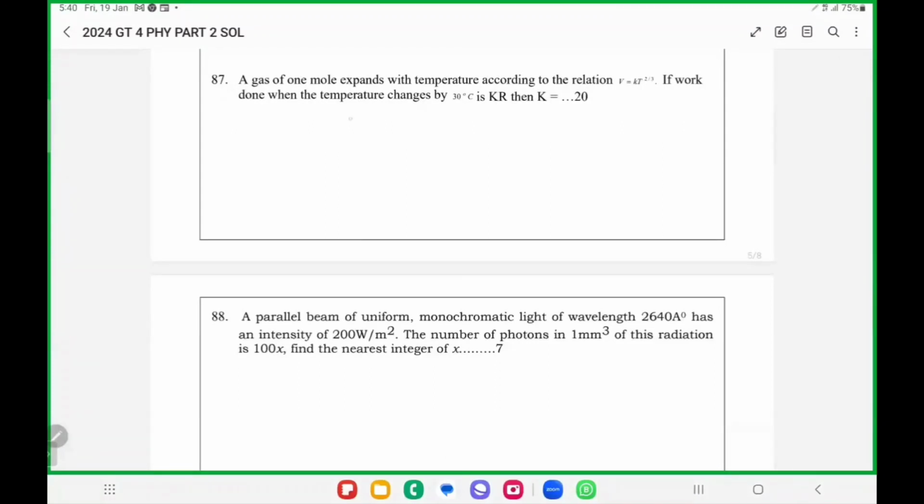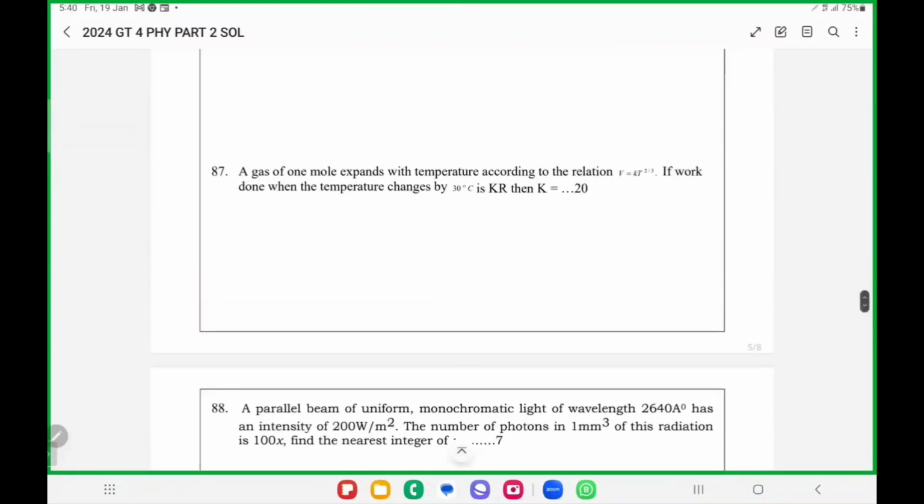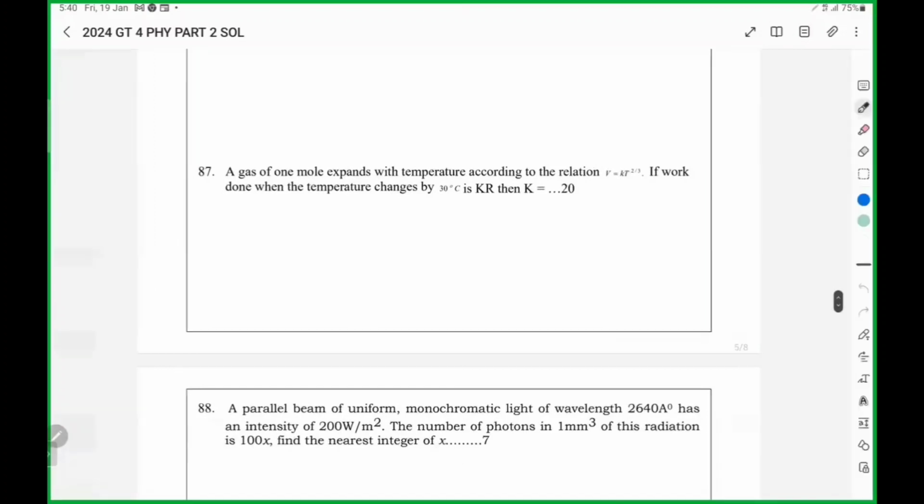Here, this is a standard problem. Recently, in many papers, this type of questions they are giving. So work done is equal to integral P dV. Why am I using integration? Volume changes. If it is constant with respect to temperature, then we write PV.